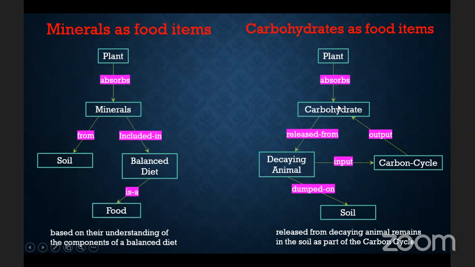Plant absorbs carbohydrate: actually they are linking the production of carbohydrate with the manure you are putting to the tree to grow. So they are connecting the concept like this: when you put some manure and it is decaying, manure meaning some decaying part of animals or plants, that is actually making the carbohydrate. That's why they are saying that the plant absorbs carbohydrate, which is released from decaying animal and dumped on the soil.